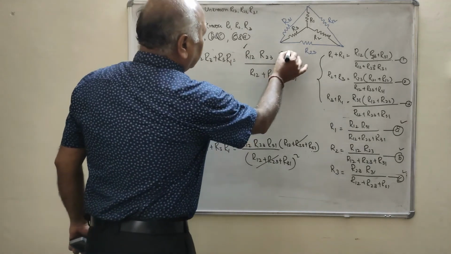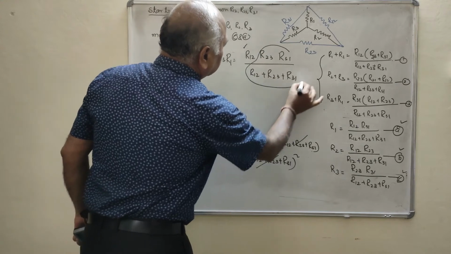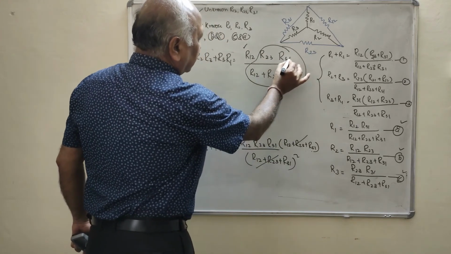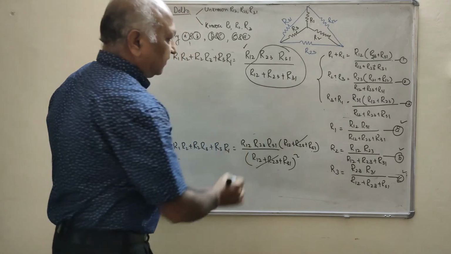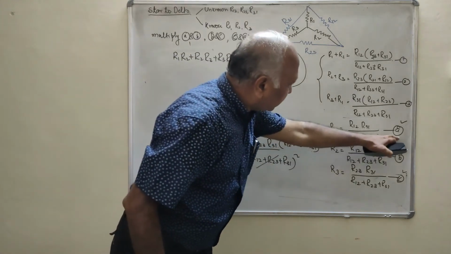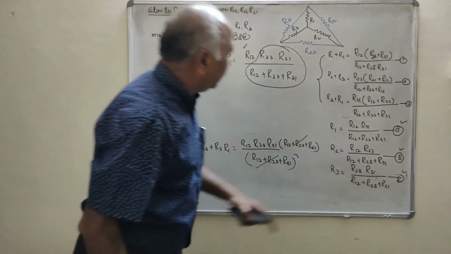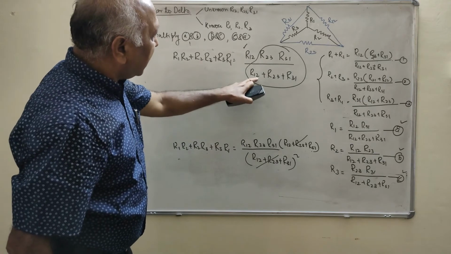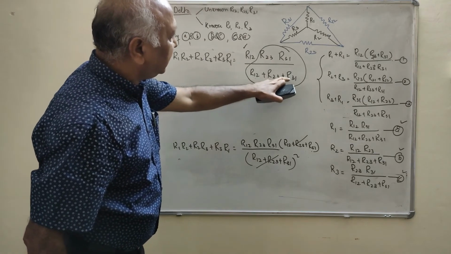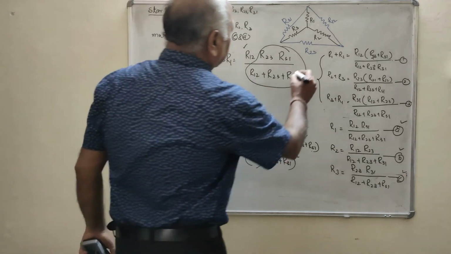What is this? This is R23R31 upon R12 plus R23 plus R31. If you examine equation A, equation B and equation C, what is this value?